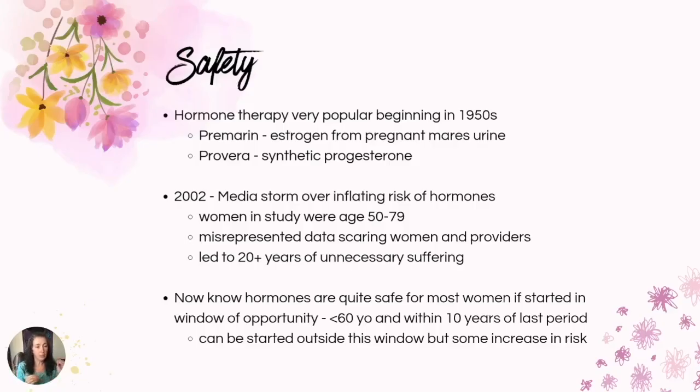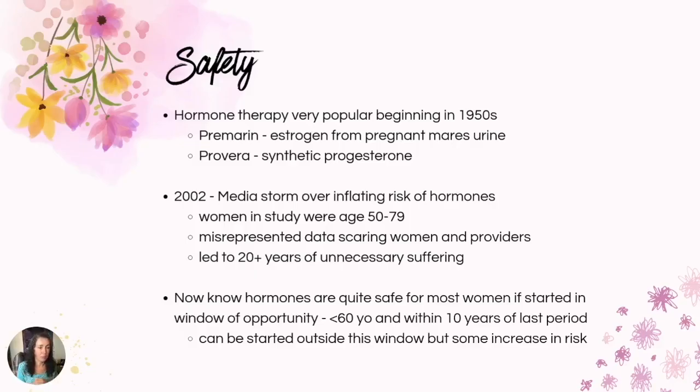Part of it was that the study was designed to look at women 50 to 79 with an average age of 63, which is not who we're really talking about. When we talk about menopause hormone therapy, we're talking about women in their 40s and 50s, not women in their 60s and 70s. Part of that is where some of these conflated risks came from, and some of it was misrepresentation of what the data actually showed.